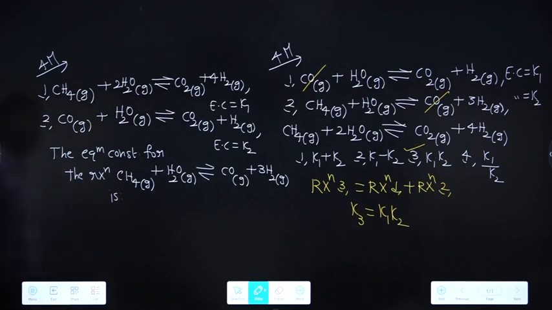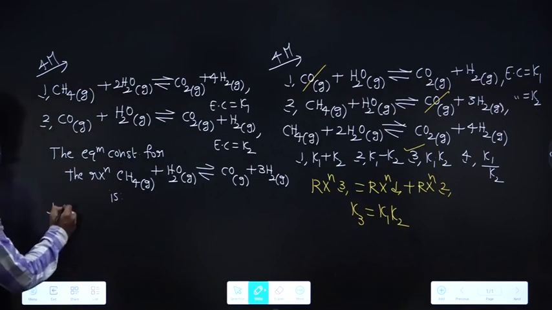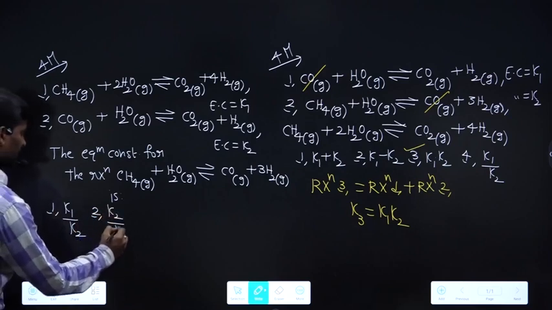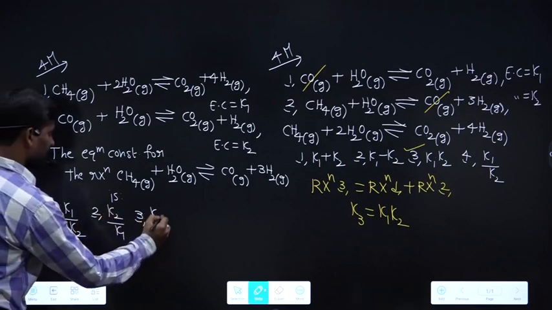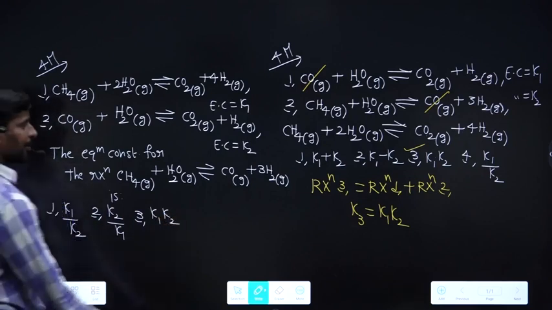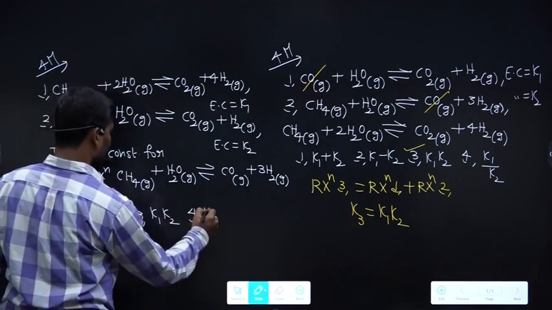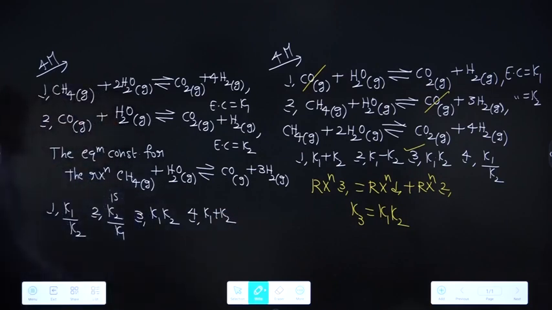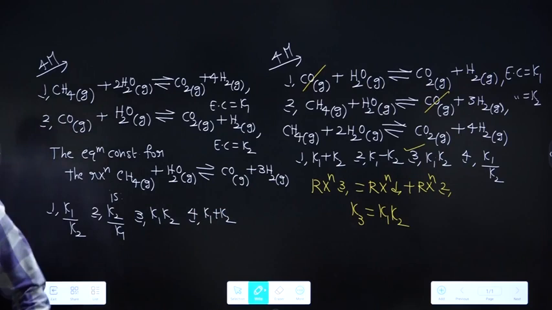Okay. Once again, for 2 reactions the equilibrium constant is given. The third reaction we have to calculate. Options: K1 by K2, K2 by K1, K1 into K2, K1 plus K2. Okay, 1 minute and you may solve it.